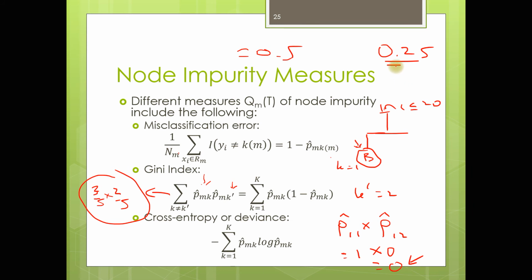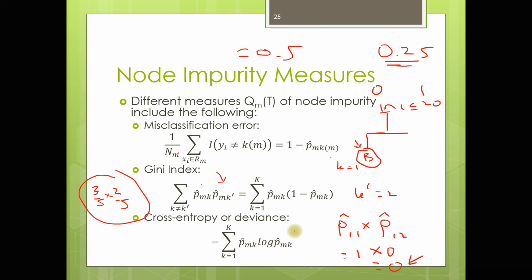But the closer it is to 0 or 1, if it is 0, it would mean that it is a pure node. You won't get 1 because if you take 1 multiplied by 0, you get 0. But if it is close to 1, let's suppose 0.99, it's still a very good thing. So it means that it's easy for us to do the classification without any problem. So we have a pure node. So that's the principle of the Gini Index.